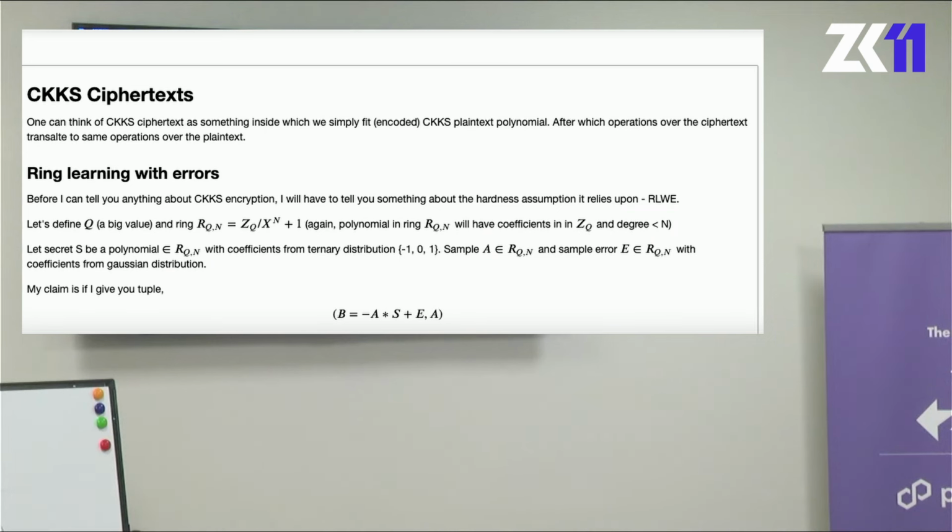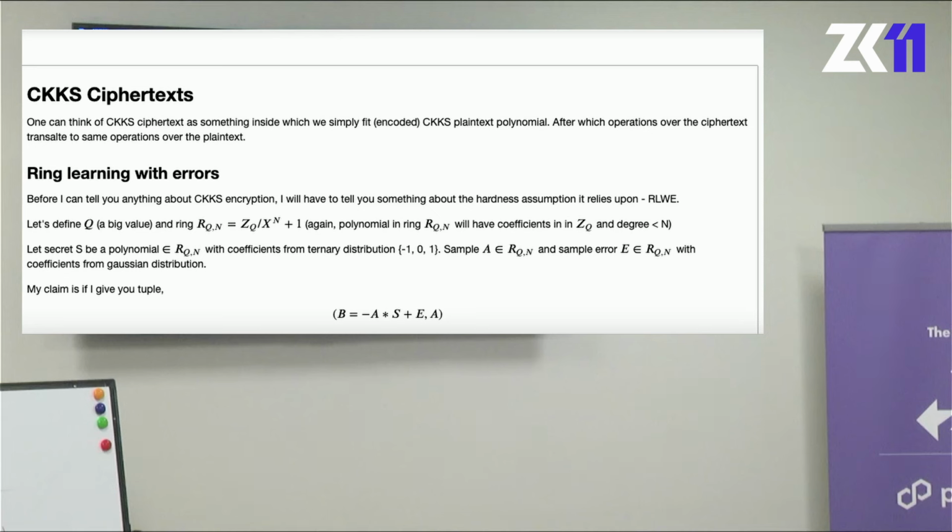Does anyone know lattices? Lattices, learning with errors a bit. So ring learning with errors builds on top of lattices. And the hardness assumption is that, let's say we have Q. Think of Q as a very big value.